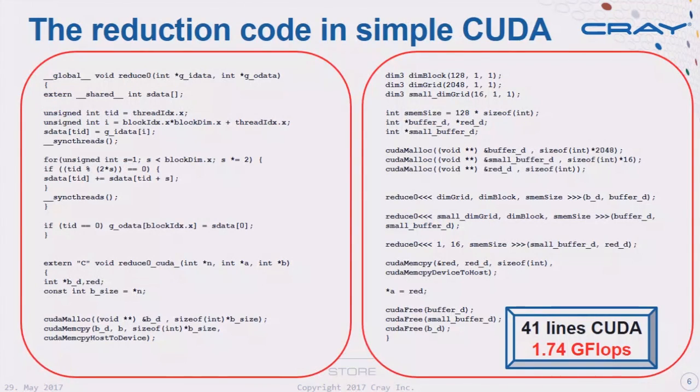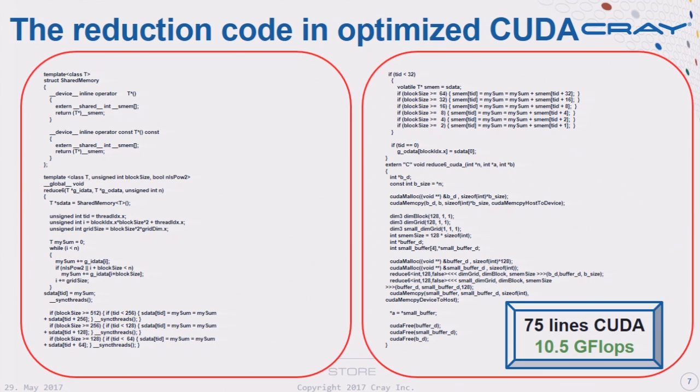Then you could also think of implementing this example in CUDA. If you do a trivial one, you end up with, let's say, around 31 lines, and at the end you get 1.7 gigaflops. So the performance drops, since maybe you did not do the perfect tuning for your hardware. You could also put much more effort in and do more tuning.